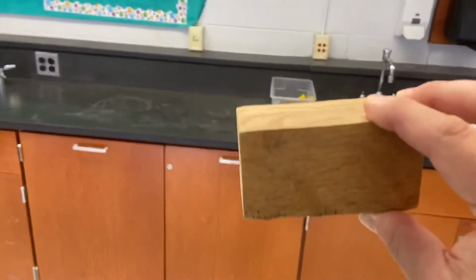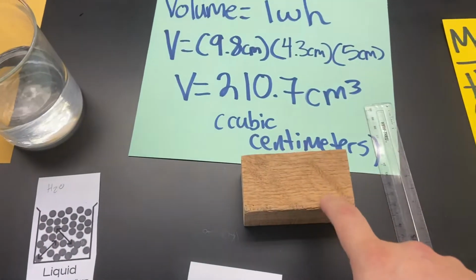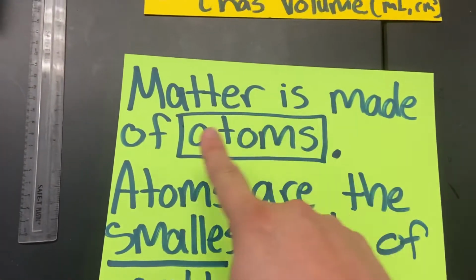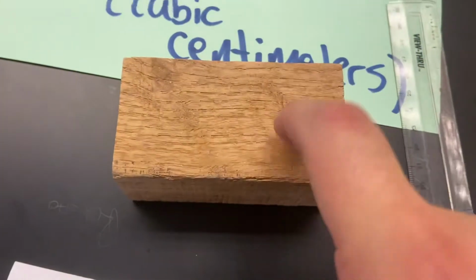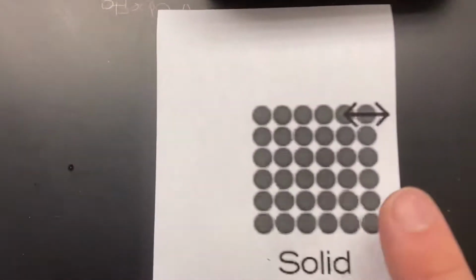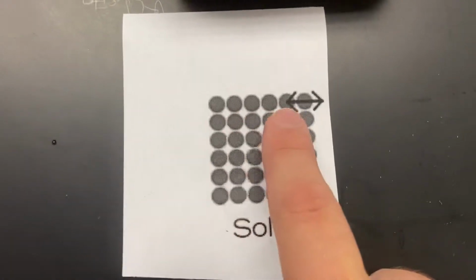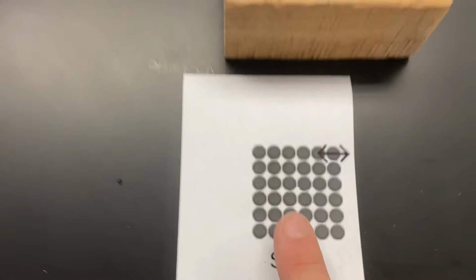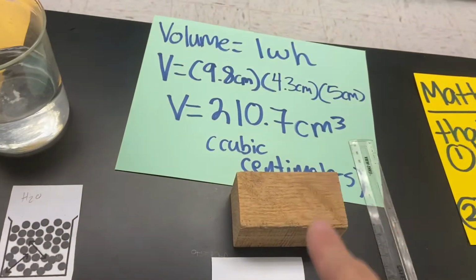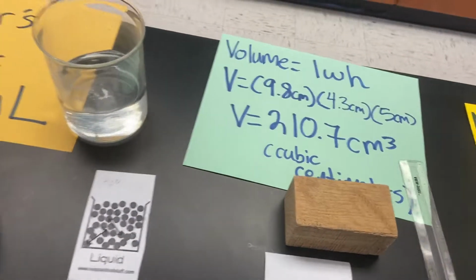This is an example of matter. All solids are matter. Matter is made of atoms. So inside this block of wood, we have atoms, okay? And in solids, the atoms are packed together closely.